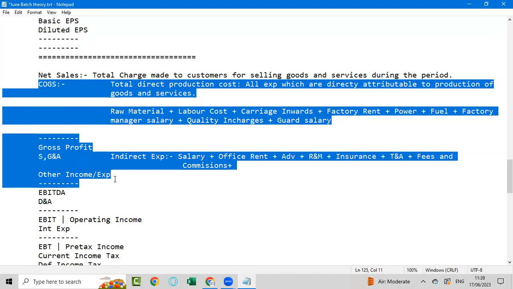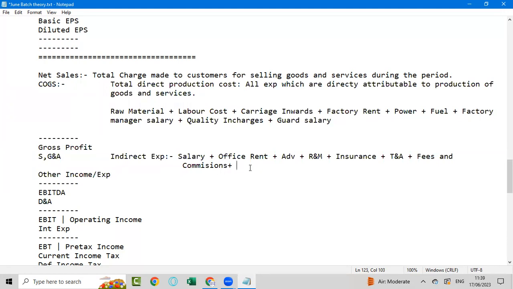It's not a very small percentage of companies doing it, it's a large percentage. They put depreciation and amortization within COGS and SG&A. So, other office expenses, here like carriage outwards. Yes. Travel and allowances.